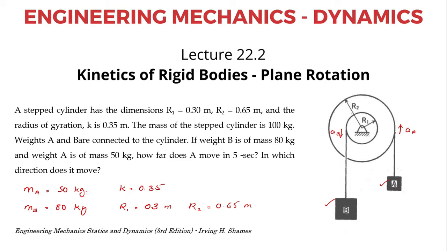So let me draw the free body diagram here once again. You have the inner cylinder and the outer cylinder. So you have TB acting here as well as TA acting here.